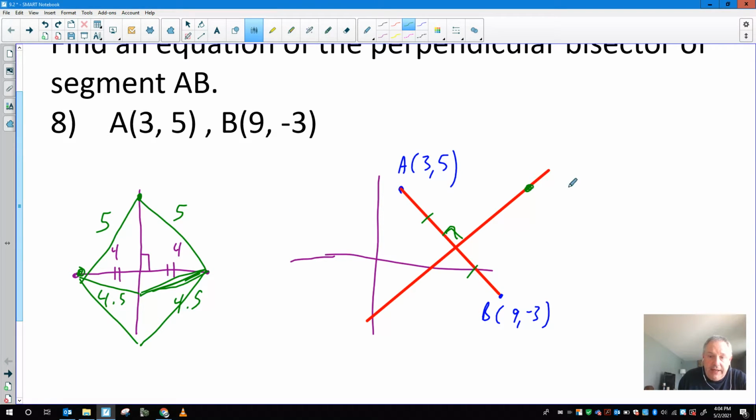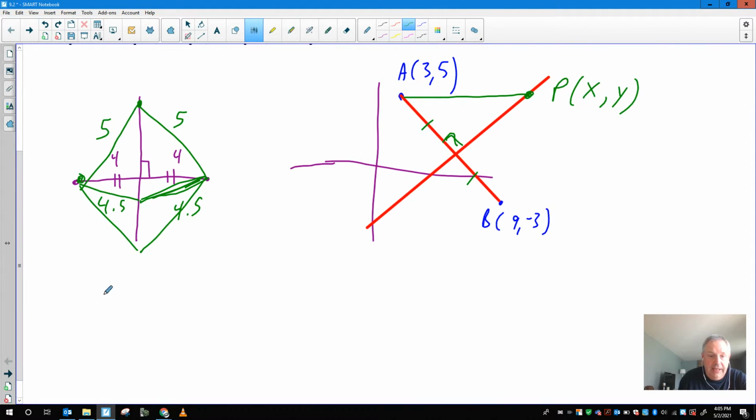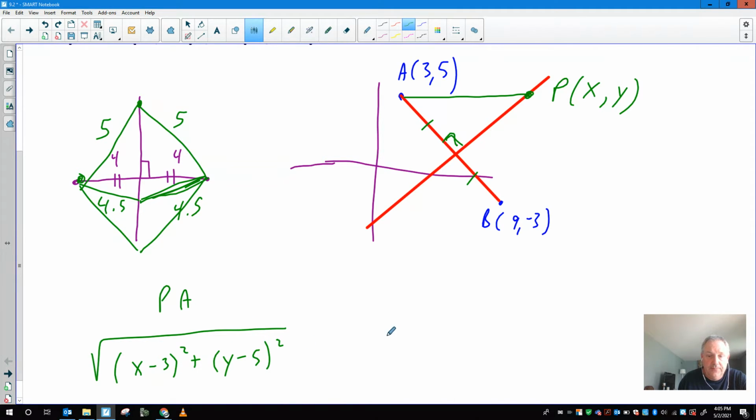So if I pick a point out here, I'll call it any point, and I'll label it x, y. If I connect those two, what's the distance from that point to there? I'll call it PA. Using what we did yesterday, the distance formula tells us the distance between point P and point A is the square root of the quantity x minus 3 squared plus the quantity y minus 5 squared.